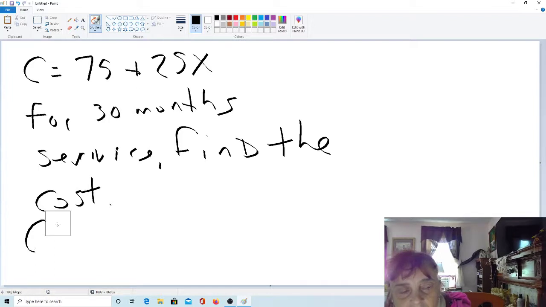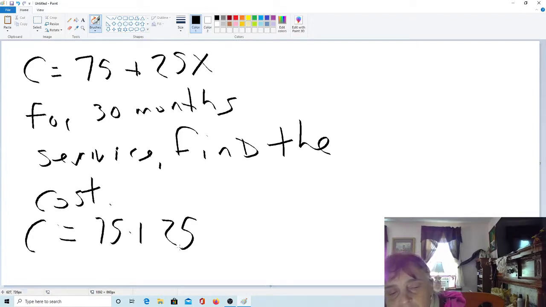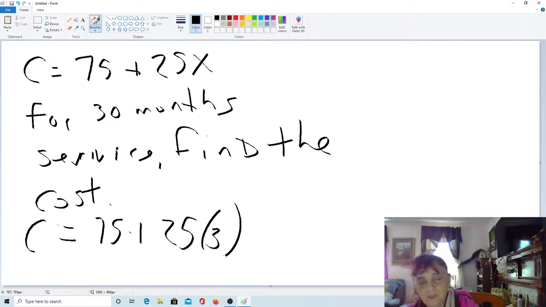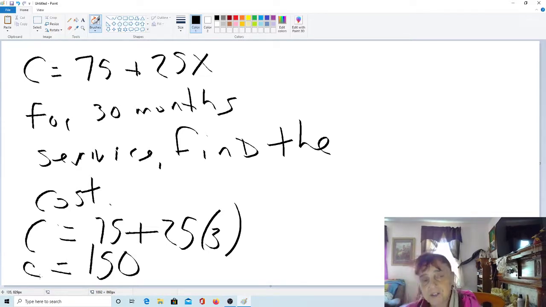So C equals 75 plus 25 times 3. 25 times 3 is 75, plus 75 is 150. So the cost for 3 months of service is $150. Oh no, I meant that to be 30. Okay, so that'll be 150.